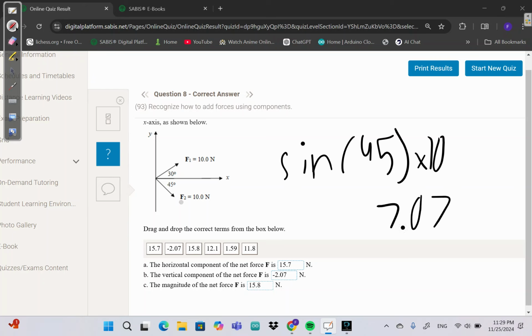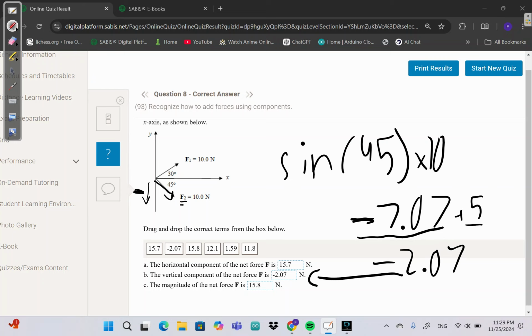Now, for the second force, it is directed downwards, which means that its y component is going to be negative. So this is actually negative 7.07. And for the first one, it's 5. So the y component of the net force is the y component of the first force and the second force combined. If we do this on the calculator, we'll get negative 2.07, which is our second answer.